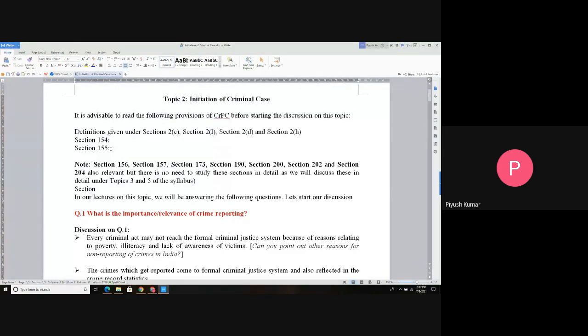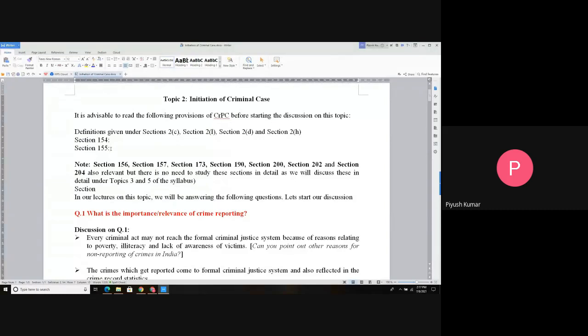So 202 you can forget for a while, but a brief understanding of all other sections like 156, 157, 173, 190 and 200 should be there before starting this particular topic. When I'm saying brief understanding, even if you know that this is the heading of that particular section, or this is the basic crux of a particular section, that would do.